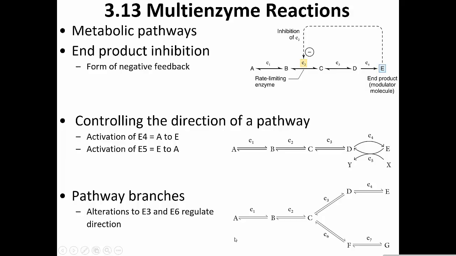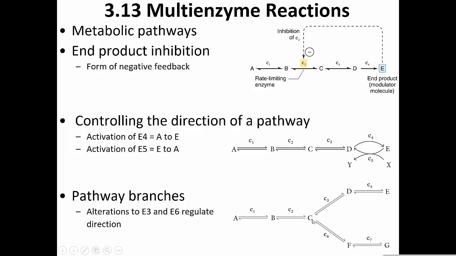Lastly, we see that oftentimes, almost universally, to be honest, in metabolic pathways, we have branches that occur. In this particular case, product C is the product of enzyme number 2, but it's the substrate for enzymes 3 and 6.